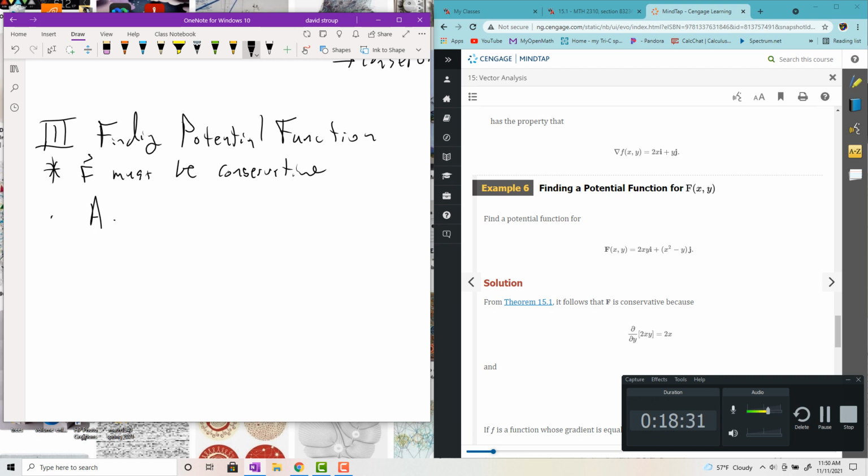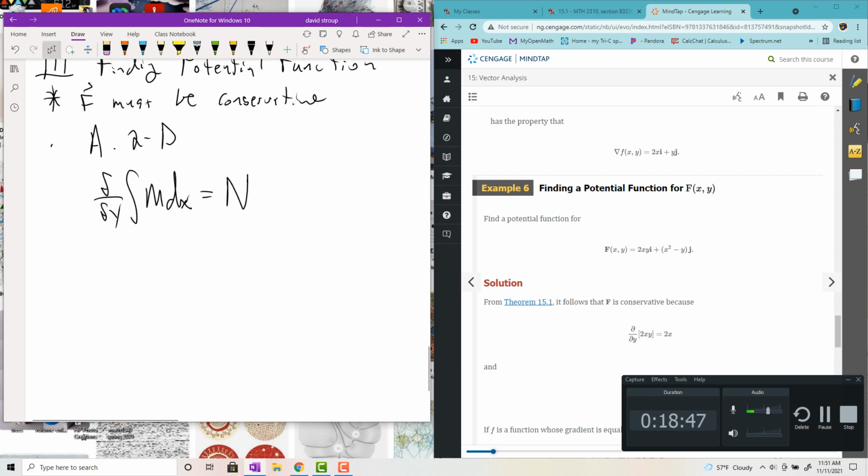Okay, so first, this is kind of the two-dimensional version. The formula will be the partial with respect to y of the integral of m dx, and you'll set that equal to n. So that may look kind of mystical. Why is that?